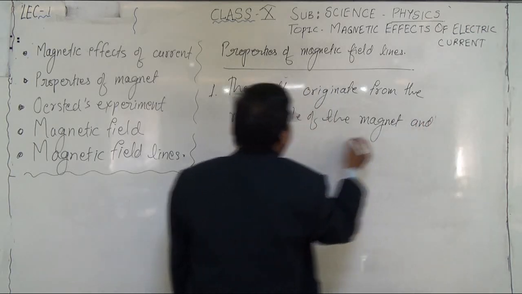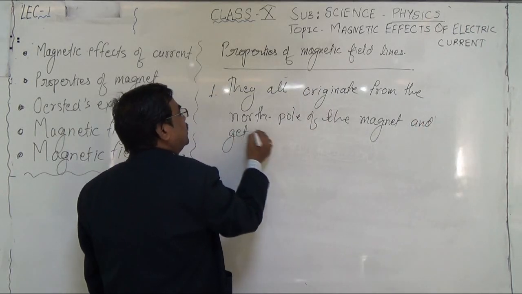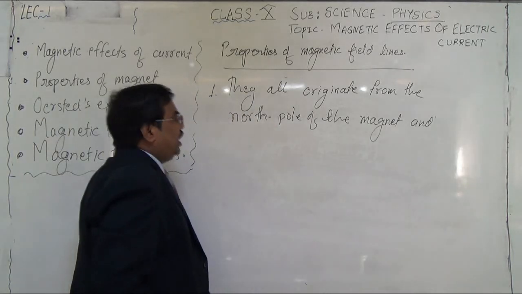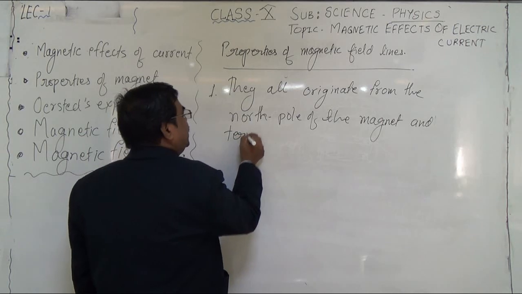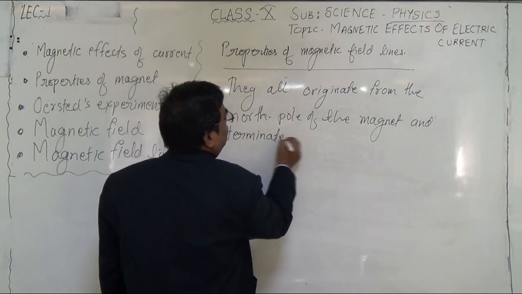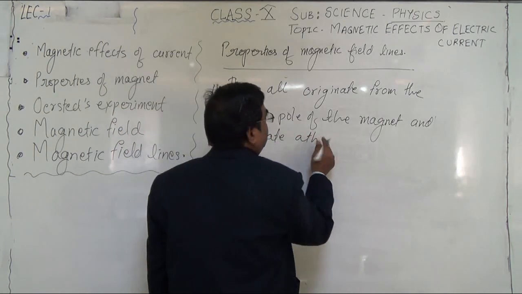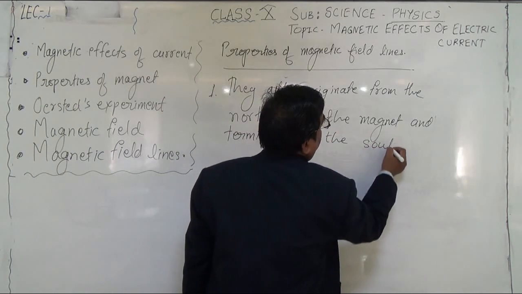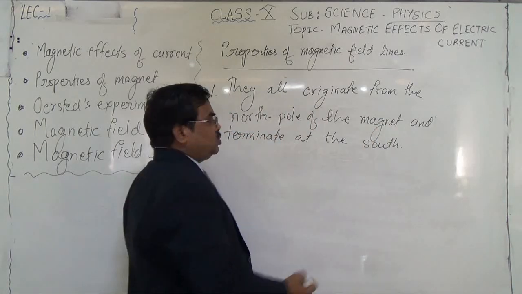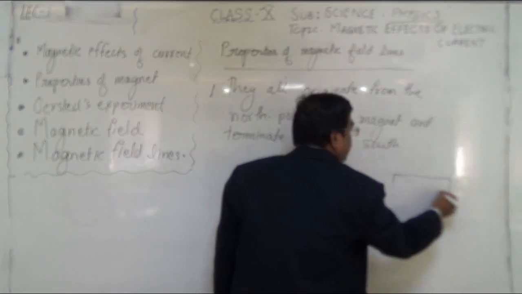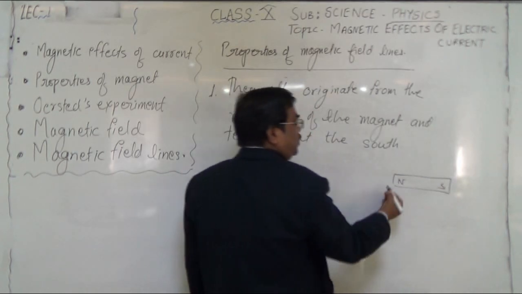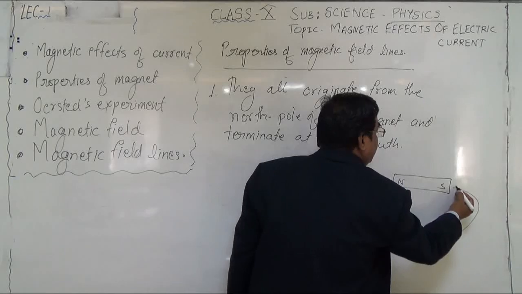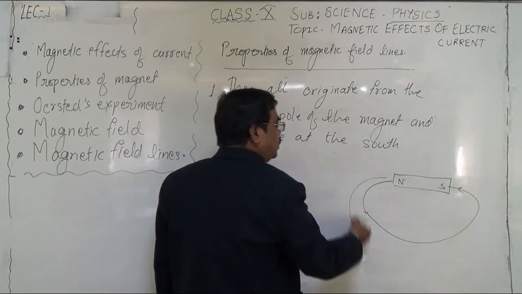And they terminate at the south pole. You all know that for any magnet, the magnetic lines start from the north pole and terminate at the south pole.